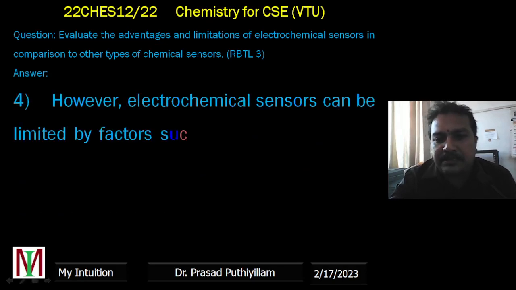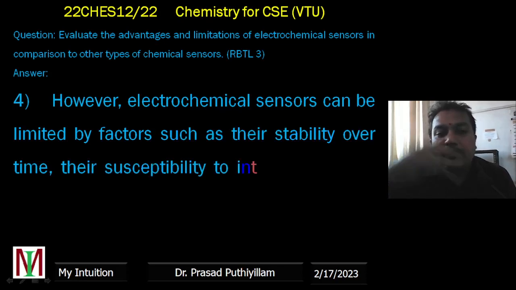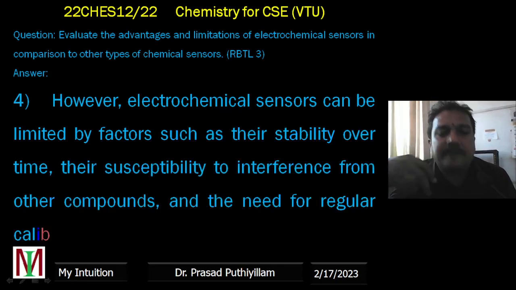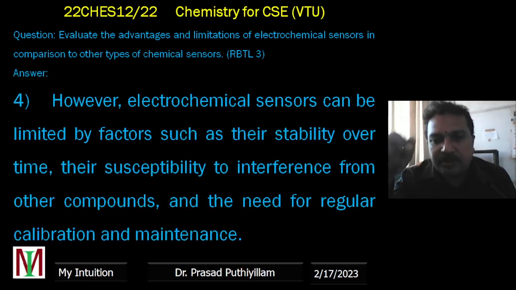However, electrochemical sensors can be limited by factors such as their stability over time, their susceptibility to interferences from other compounds, and the need for regular calibration and maintenance. Over time, if you use the sensor or keep it for a long time, slowly it will start deteriorating or losing its sensitivity or sensing power.